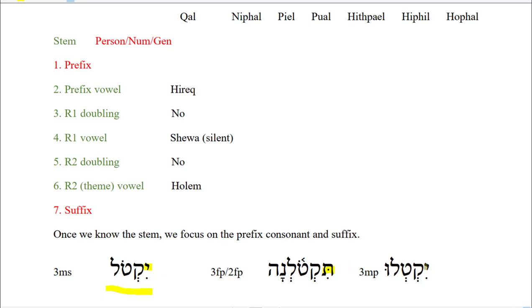And then for third masculine plural, we see another yod. So there are 4 potential prefixes, and they will not change. So our prefixes are yod, as you've seen, tau, aleph, and nun. Those are the only prefixes you will see for imperfects.